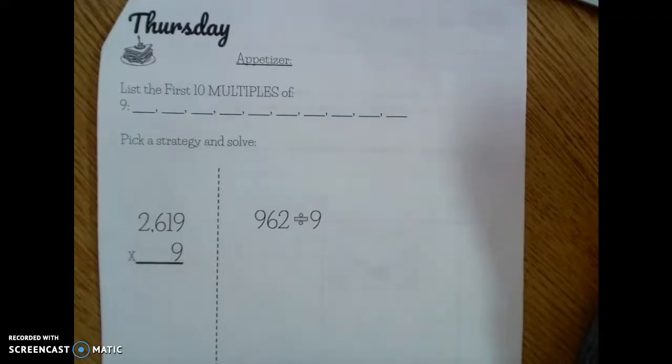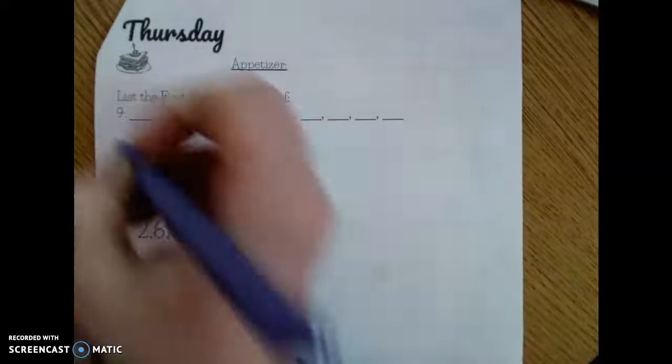So remember, we talked about multiples are skip counting by a certain number. So for this instance, we're supposed to list the first 10 multiples of 9.